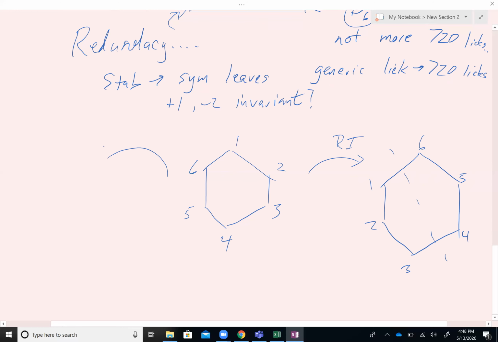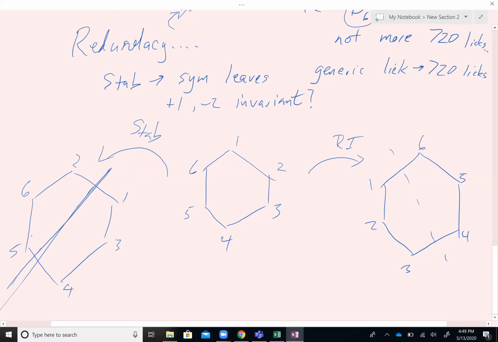As opposed to if I do the one that I'll call stab, because he's the stabilizer. The stabilizer is reflection about that one. So it would be 1, 2, 3, 6, 4, 5.